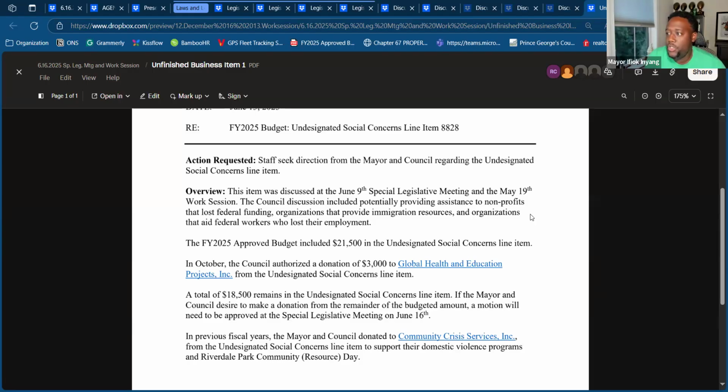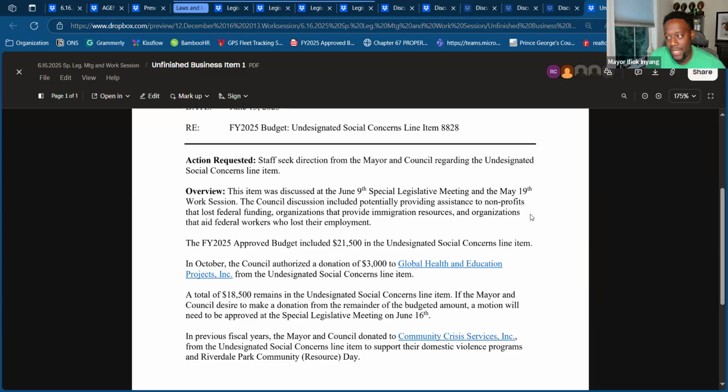Okay. So as we talked about a few times, this is the last legislative meeting that we have for this fiscal year. And there's a remaining approved budget of $18,500 in this undesignated social concerns line item.